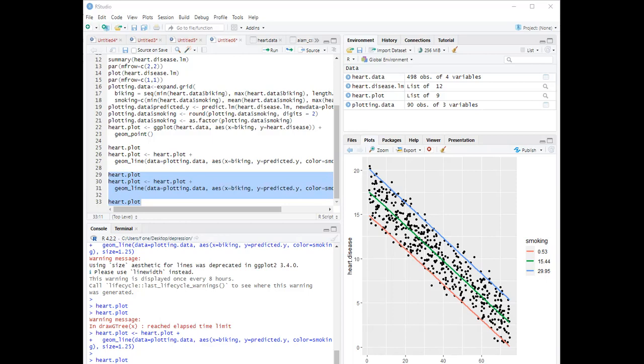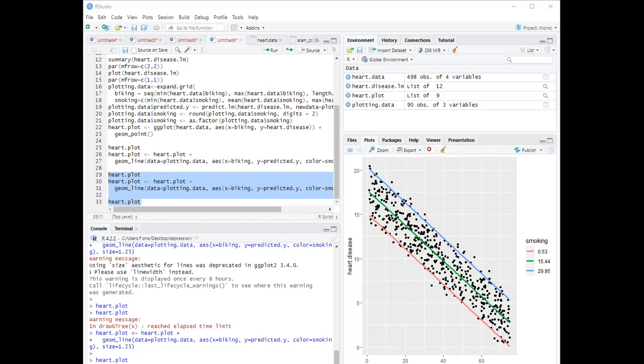For this data, it's giving you the smoking percentages, the heart disease percent of population, the biking percent of population, and the smoking percent of population simultaneously by using this command. This is the zoom of the plot between biking and heart disease only.